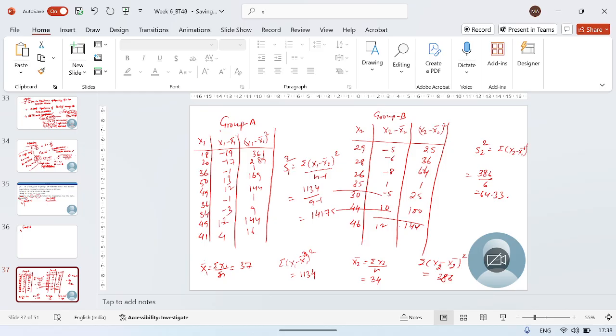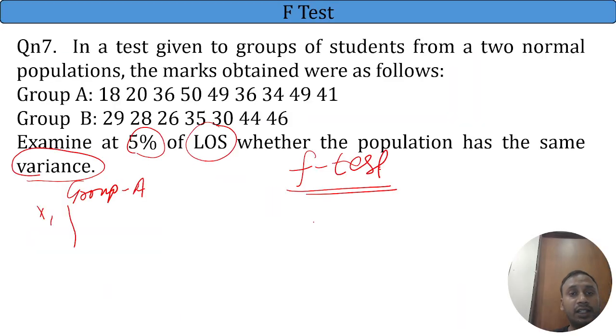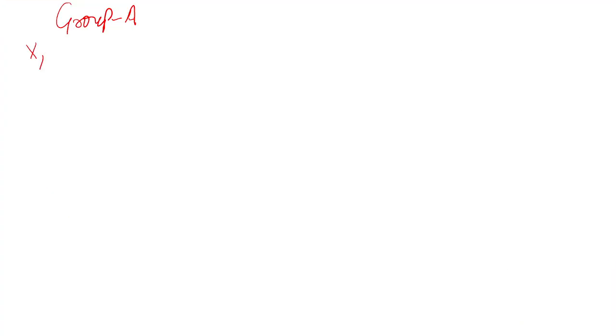I think we have taken it already. We'll go ahead with this. Group A, X1: 18, 20, 36, 50, 49, 36, 34, 49. Group 2 was like this.